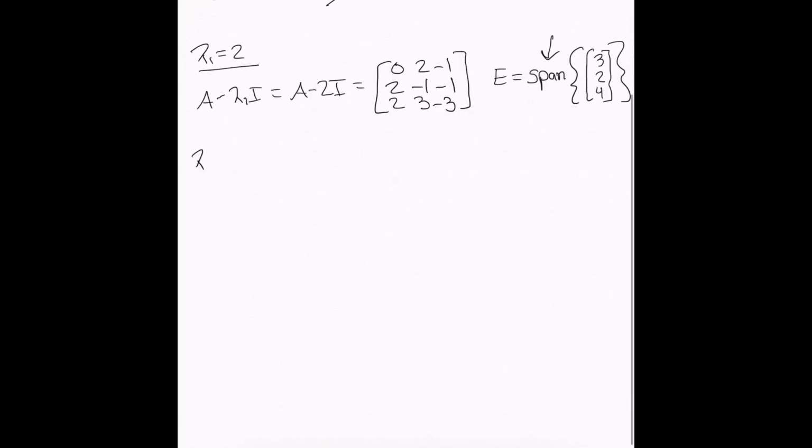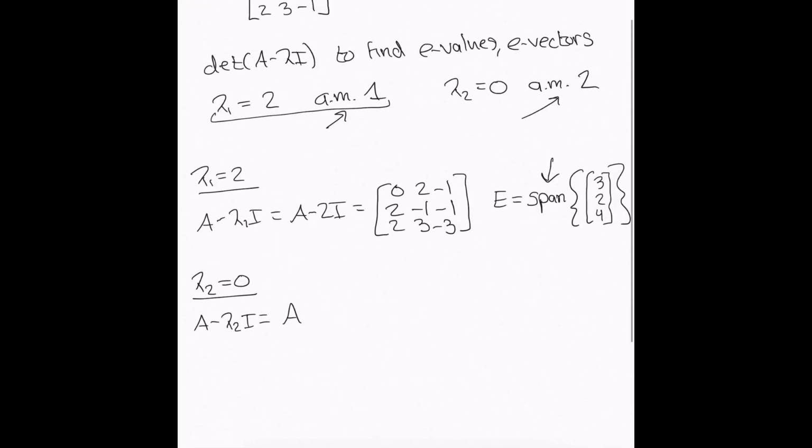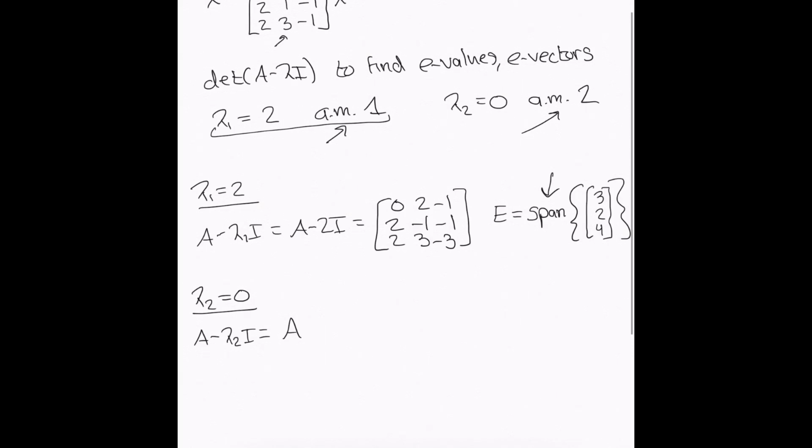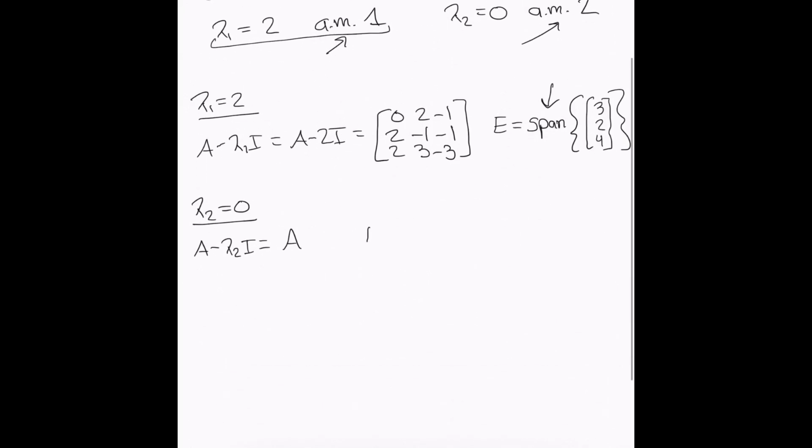All right, so then we have lambda 2 is equal to 0. So I have A minus lambda 2 I, which just happens to be A. And so A was the matrix we have up here. Let me actually go through and write it out.